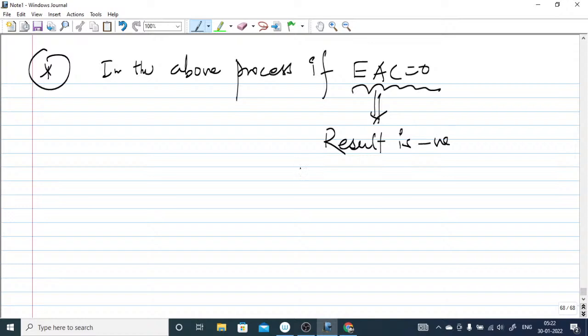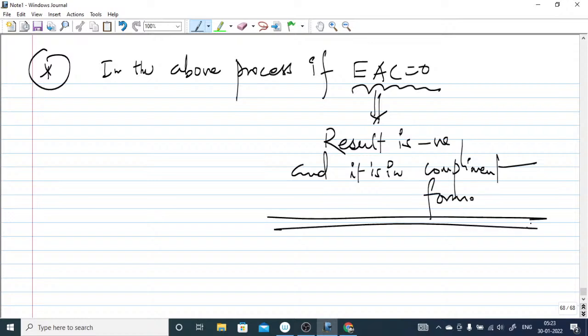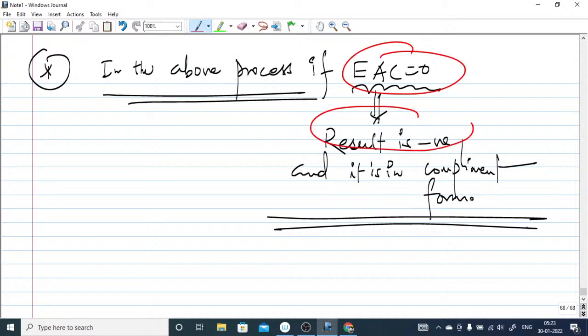And if the result is negative, it is in complement form. So if you take the complement again, it will become positive, right? Remember that if EAC is not there, the result is negative, and you take the complement again if you want a positive result, right?